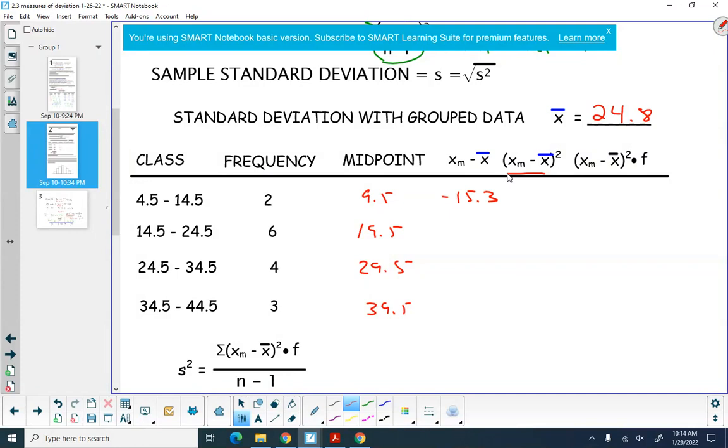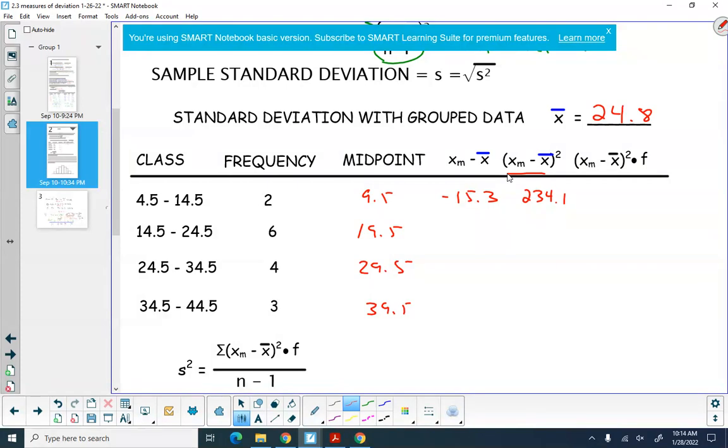Now we can just hit our square button, which pulls down my answer and squares it. When we square that, what do we come up with? 234.1. And then we can just multiply by our frequency, so we hit our multiplication button and multiply that by 2.